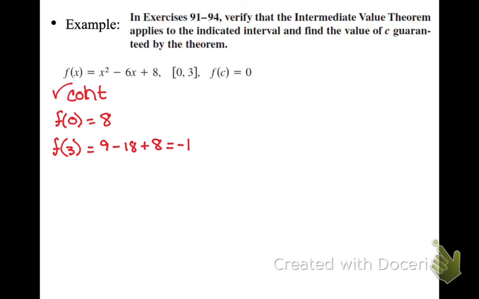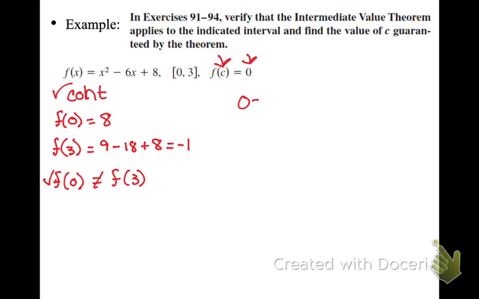Okay, so f of 0 does not equal f of 3. And you have to prove these things. So that's a check, right? So there is at least 1 point. So now we have to figure out the x where y is 0.